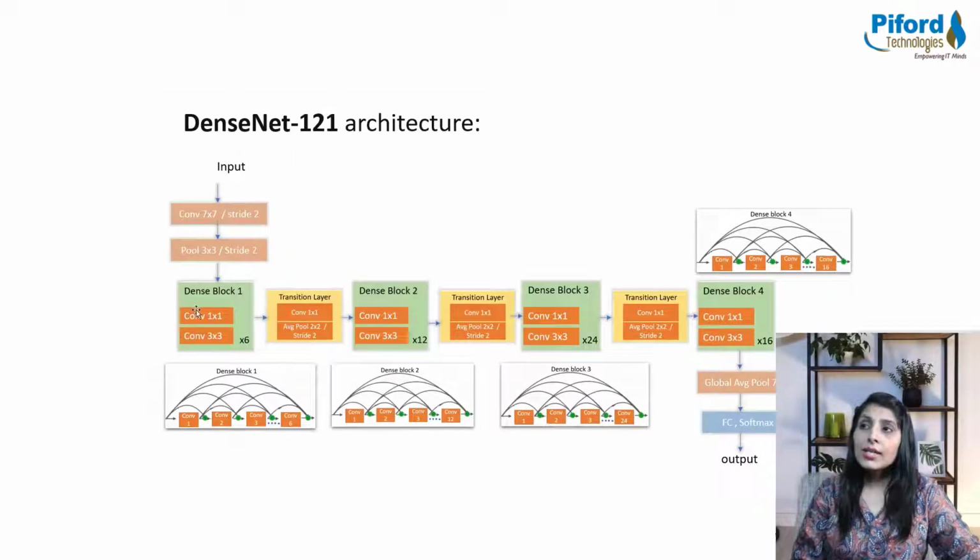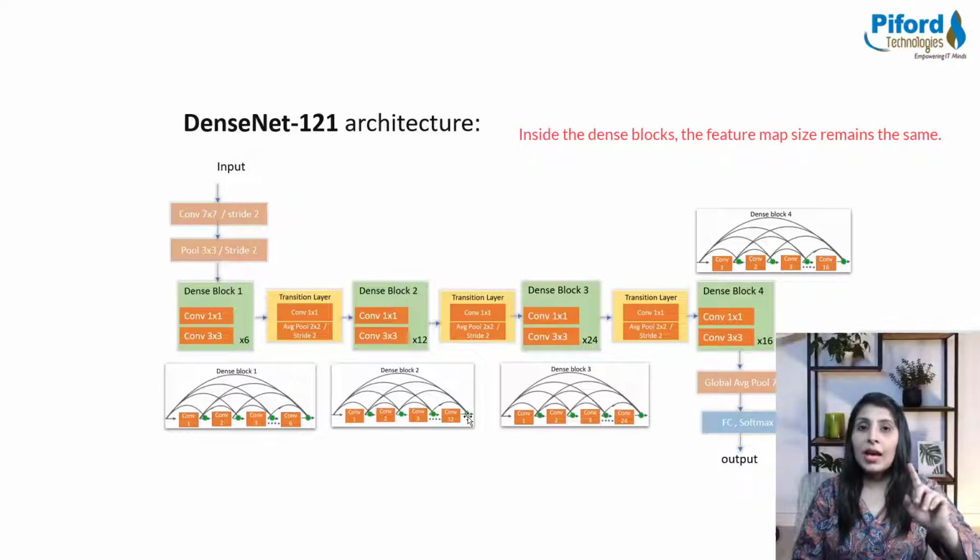So guys, inside a dense block, layers 1, 2, 3 and 4, inside the dense block where we are concatenating the feature maps, we will not perform downsampling. Why will we not perform downsampling in dense blocks?